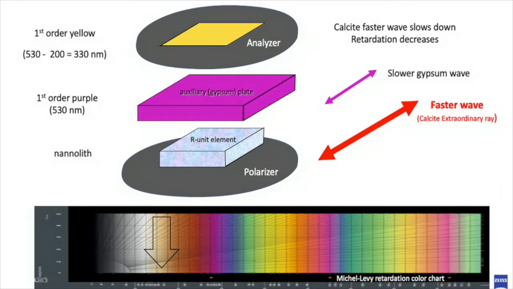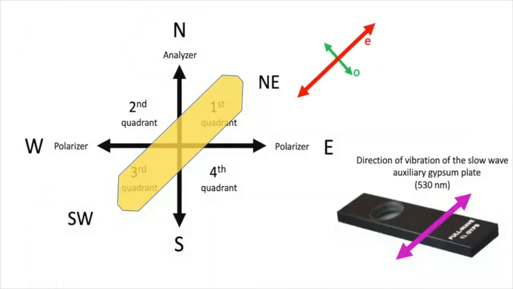This retardation corresponds to a first-order yellow on the Michel-Levy chart. We can then memorize this orientation relative to the elongation or any other morphological particularity of the calcite crystallite.